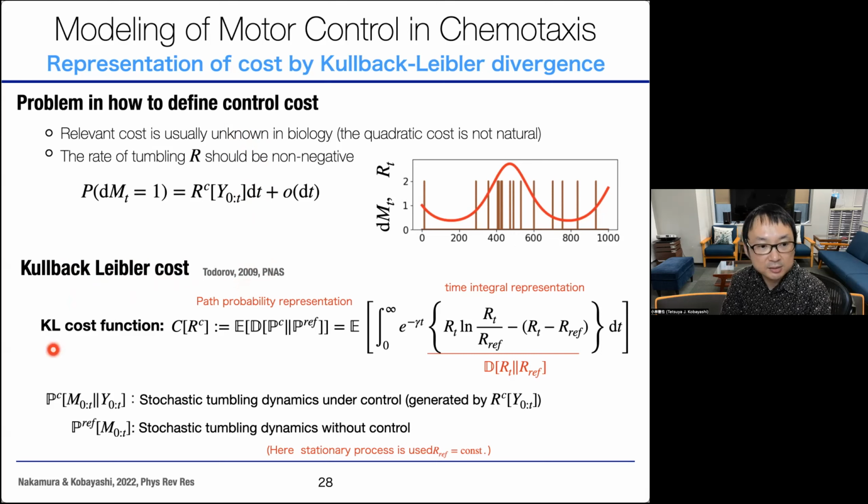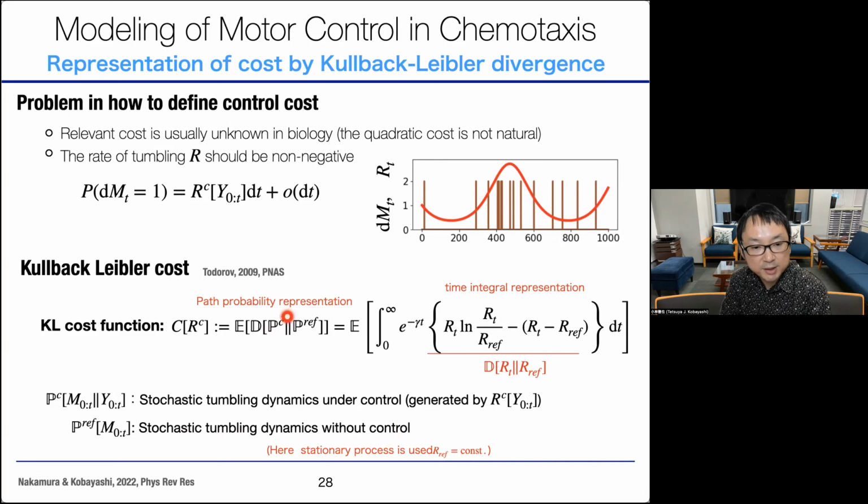The idea of the Kullback-Leibler cost is that we define the cost of the control by the Kullback-Leibler divergence between the path probability of the reference state and the controlled state. In our case, the reference state corresponds to the stochastic tumbling dynamics without any control, for example, the constant tumbling rate situation.